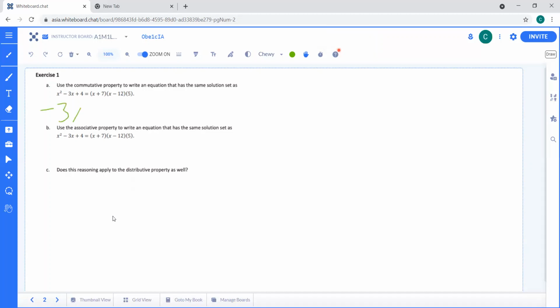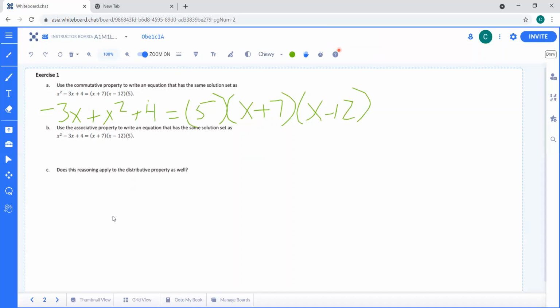We'll say negative 3x plus x squared plus 4 is equal to, let's say, 5 times x plus 7, x minus 12. We've not changed anything, just rewritten it. We just swap it around. Commutative. Remember, back and forth. It doesn't matter which way, because it is the commutative property of addition and commutative property of multiplication.